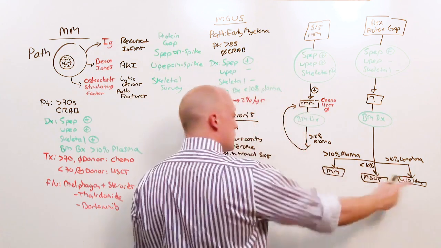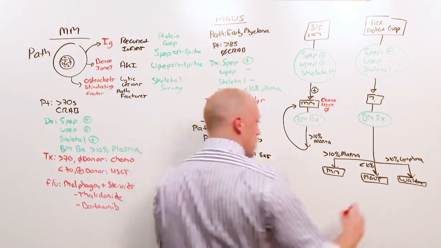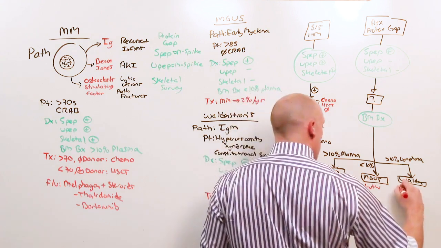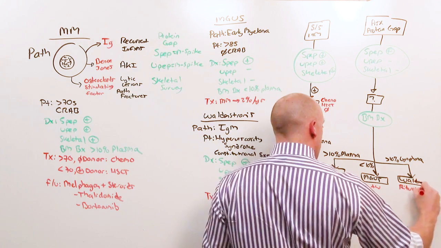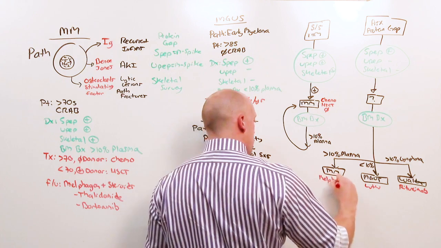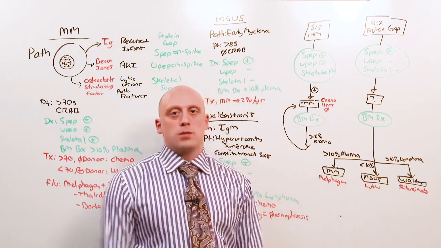Understanding that there is more than just these three diseases, but these are the three you have to know. MGUS, you just watch and wait. Waldenstrom's, you treat with a rituximab-based chemo. And multiple myeloma is going to use a melphalan-based chemo. That's plasma cell dyscrasias.